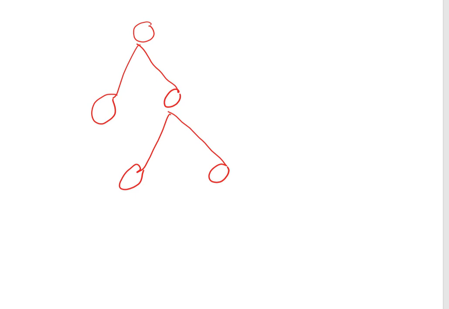So this is a binary tree, which has the elements like 9, 5, 12, 11, 14.